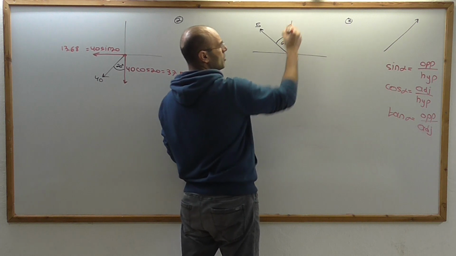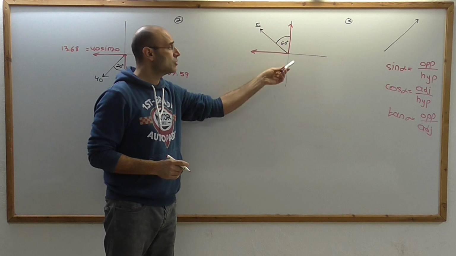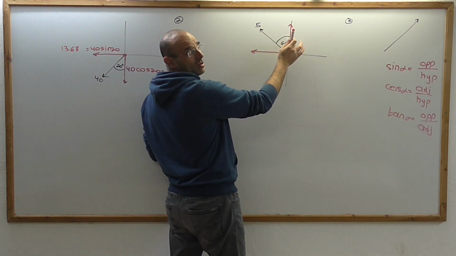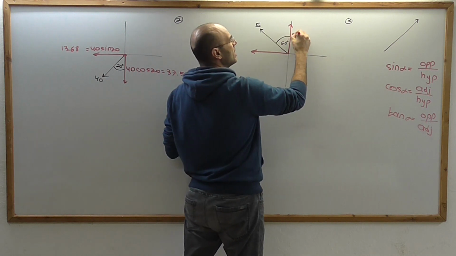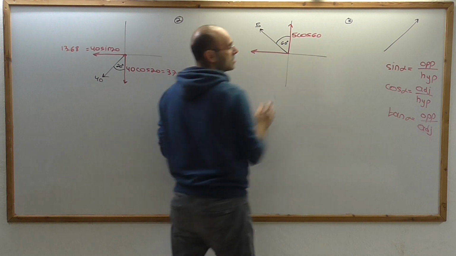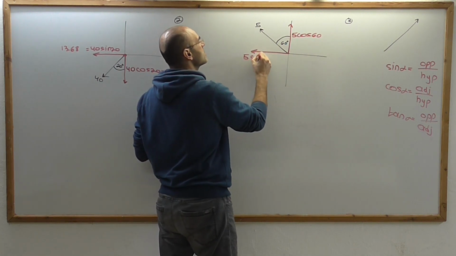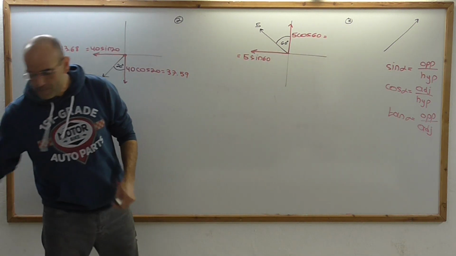Naturally, one will go upwards, one will go left. I want to find the magnitude of these components. This one will get the cosine. Why? Because it's next to the angle. So it will be 5 cosine 60. And the other one will get the sine: 5 sine 60.